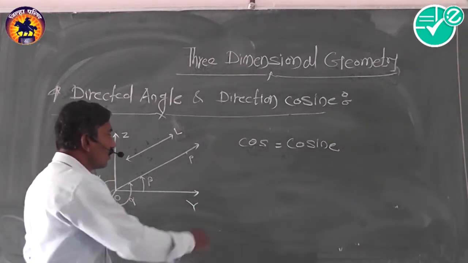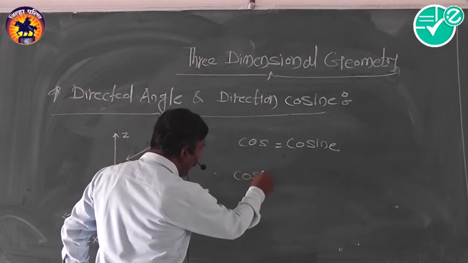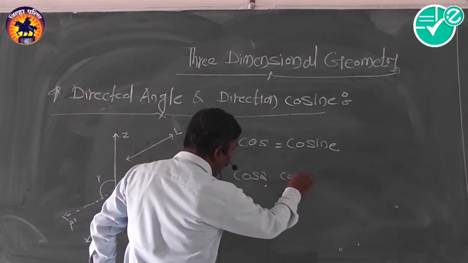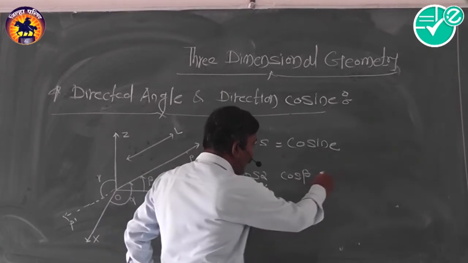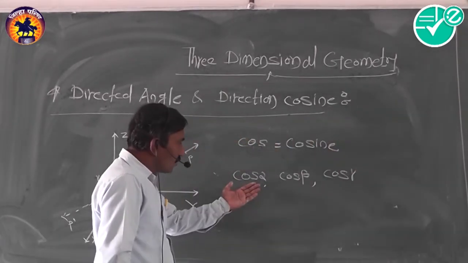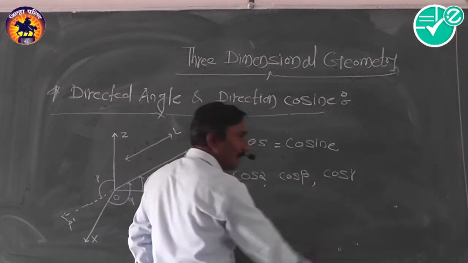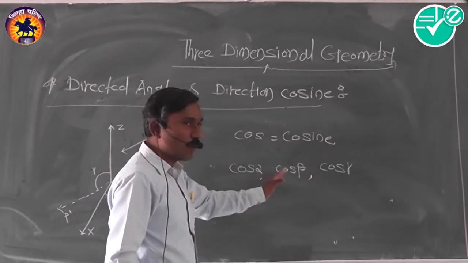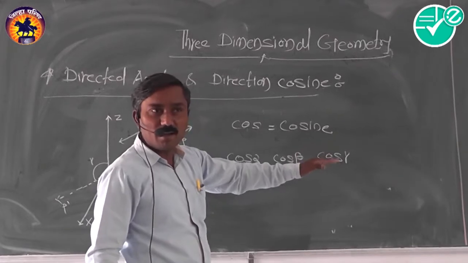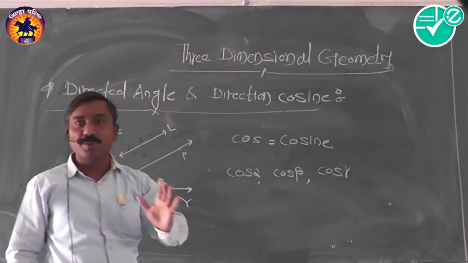Therefore, cos alpha, cos beta, cos gamma are called the direction cosines of the line.